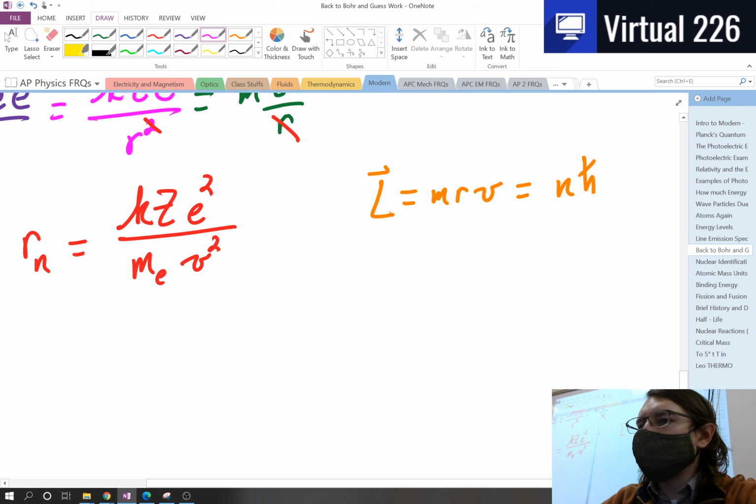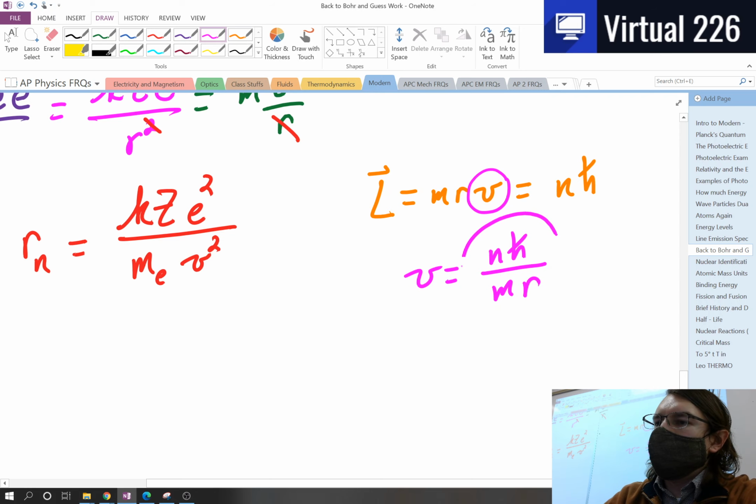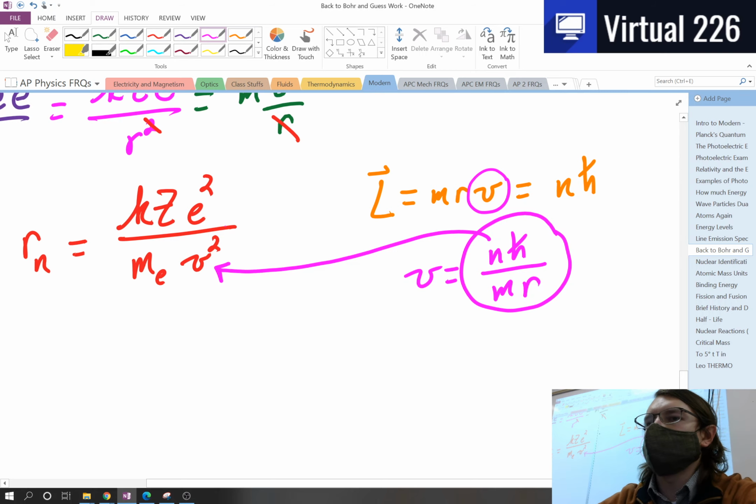What this means is that we can solve for v. v equals n h bar over m r. And we're going to take this quantity and substitute it in for the v.